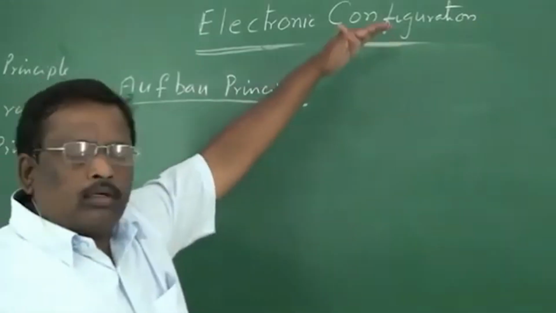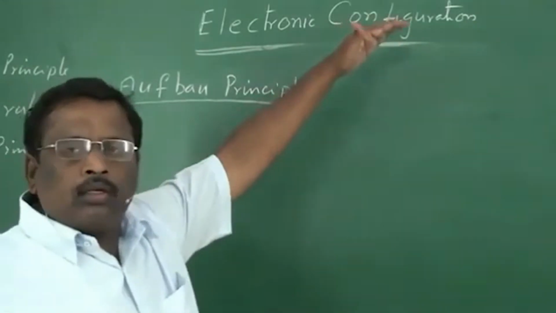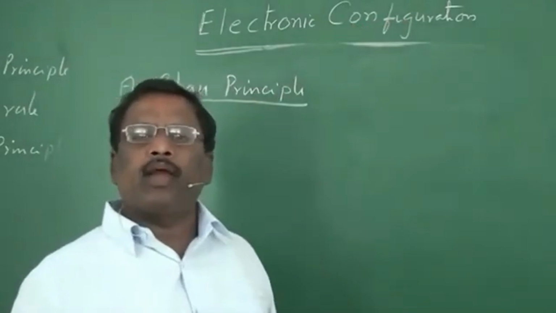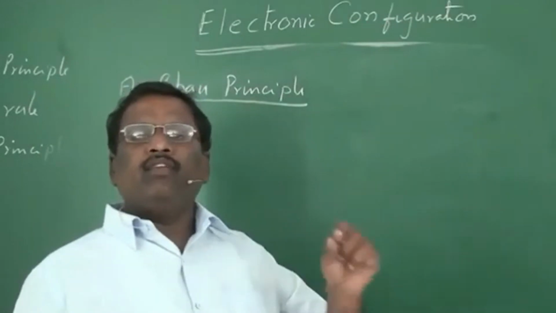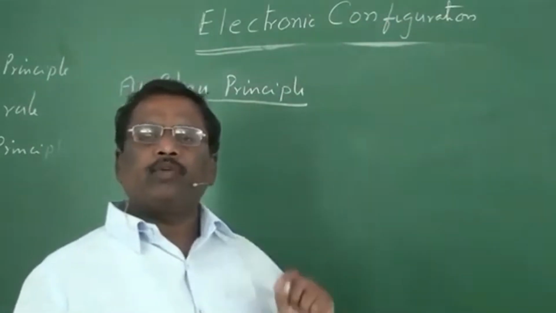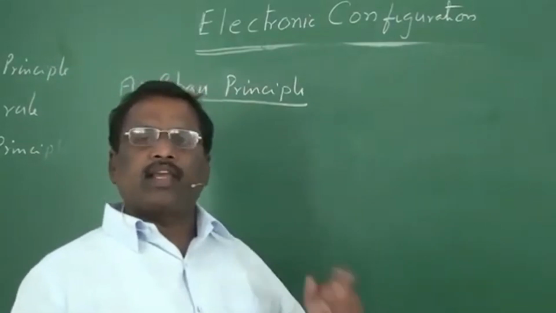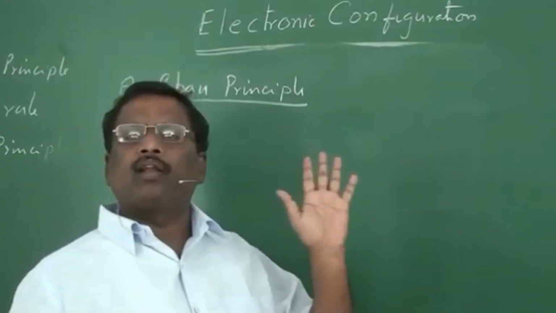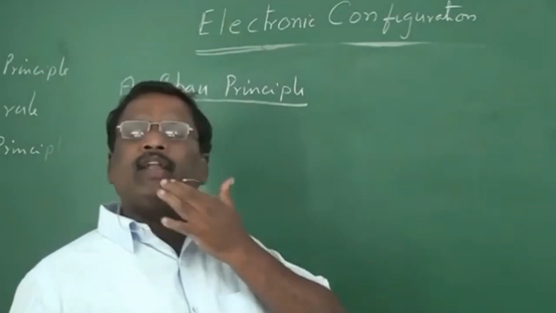All orbitals are available for the electron, because if you take hydrogen, only one electron is there, but in the hydrogen atom you have not only the first energy level, you have first, second, third, fourth energy level, and so on up to infinity.